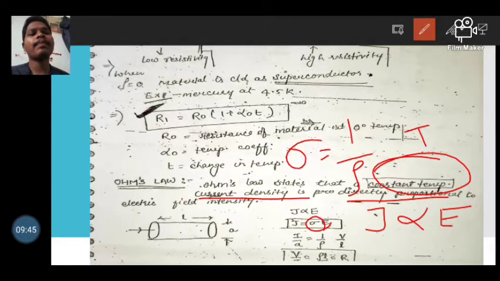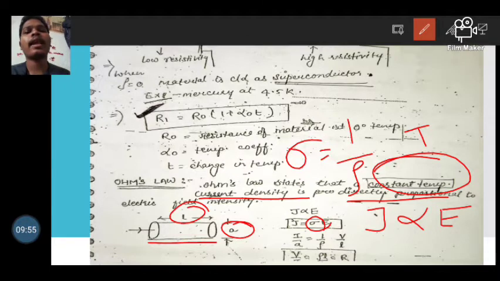So 1 by resistivity is sigma. Here we are taking a conductor with area A and length L, and current will be entering from this point to this point.